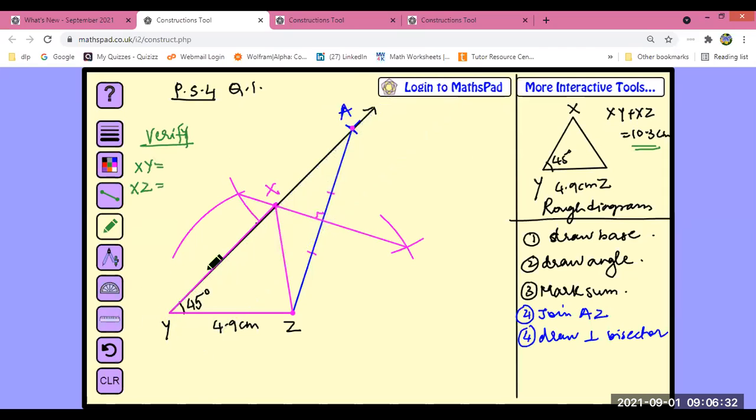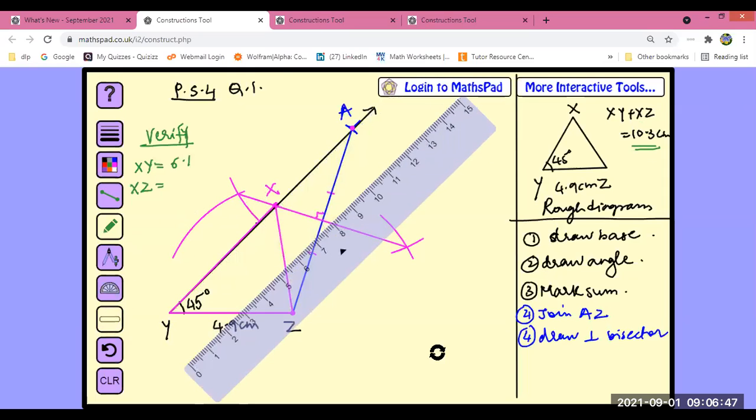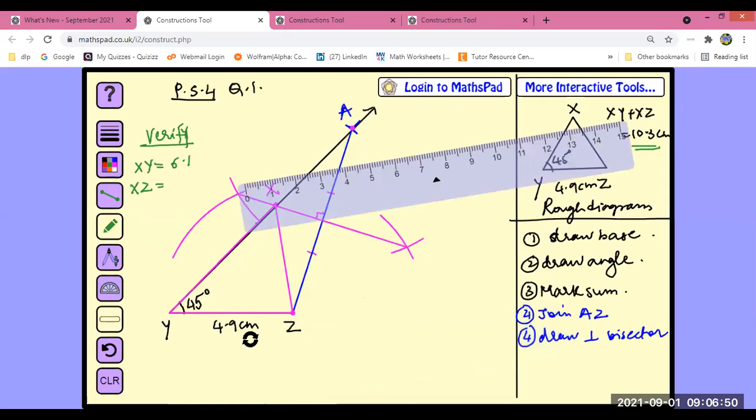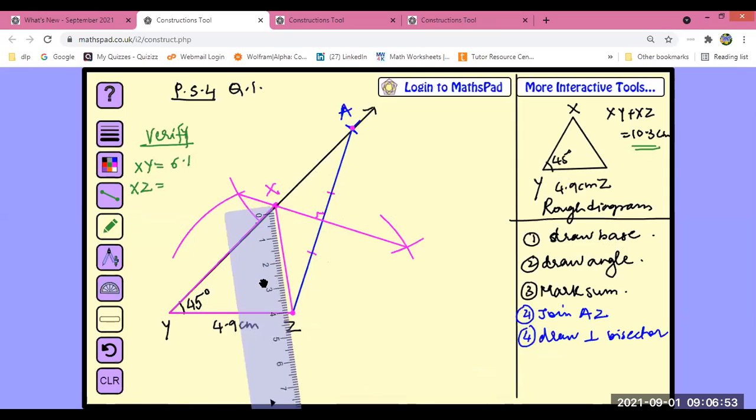Okay, so XY is 6.1, and now we'll measure XZ. This should be 4.2, right? And adding them up, you see that turns out to be 10.3 centimeters. Okay, so that's how we do the verification.